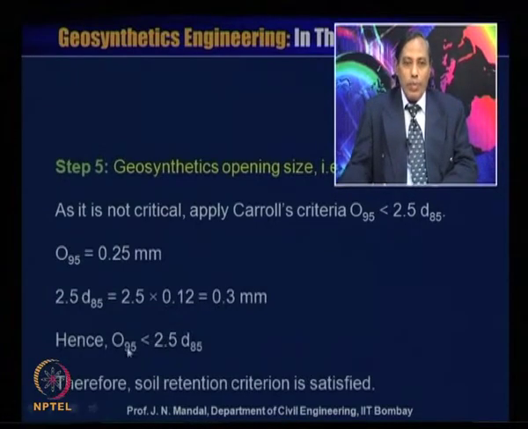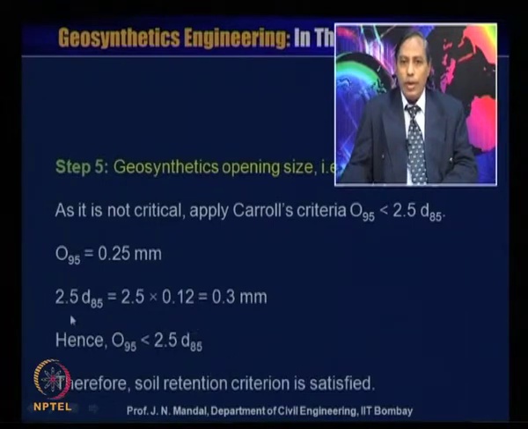Now O95 is given as 0.25 millimeter. So 2.5 into D85, D85 is also given, that is 0.12. So 2.5 into 0.12 is 0.3 millimeter, and O95 you can see is 0.25 millimeter, that should be less than 2.5 into D85.